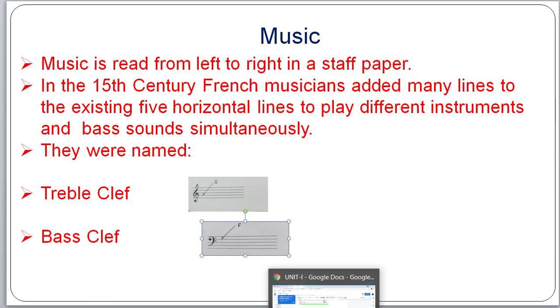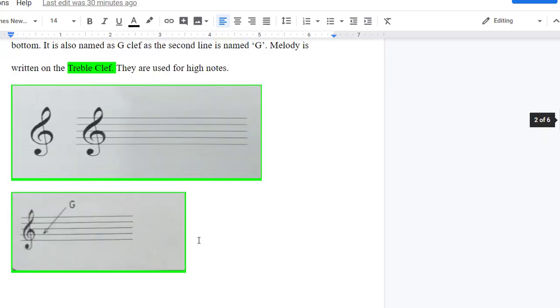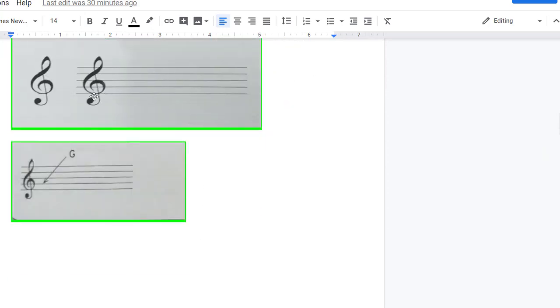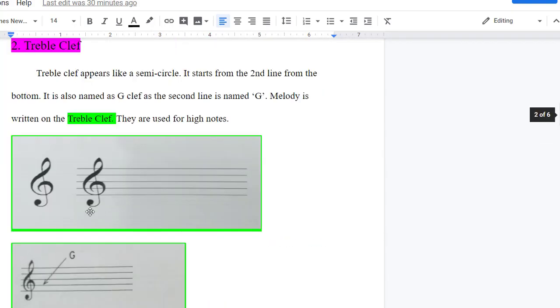And just look into this one. If you see here, this is the treble clef, with the horizontal lines which are called staves, and this treble clef starts in the second line, which is named as G. And this treble clef is used to write higher notes.